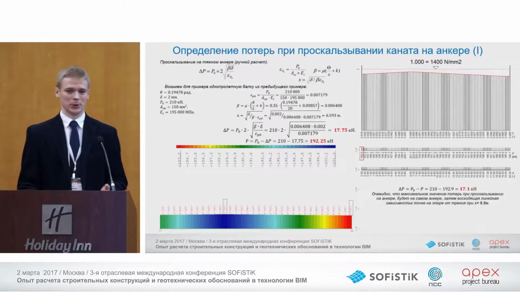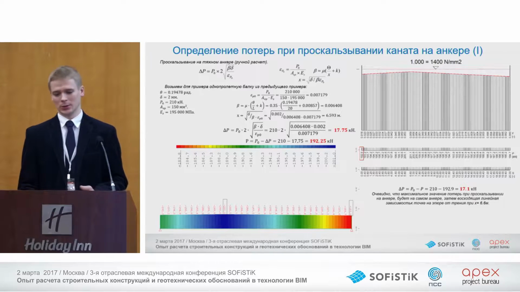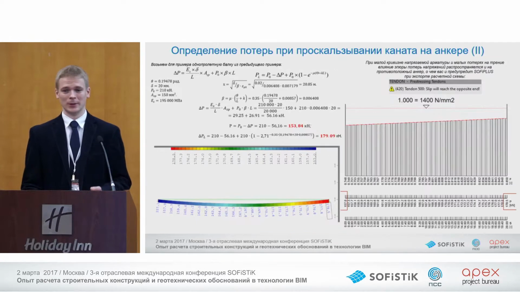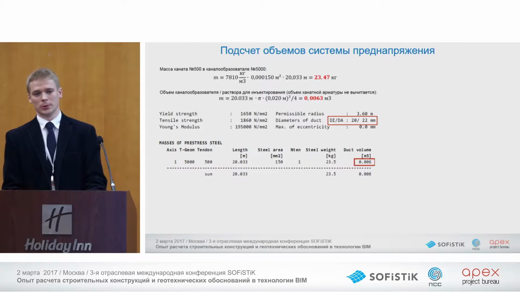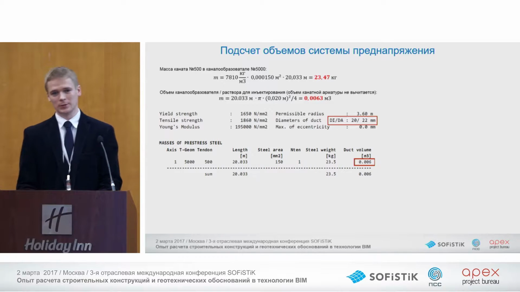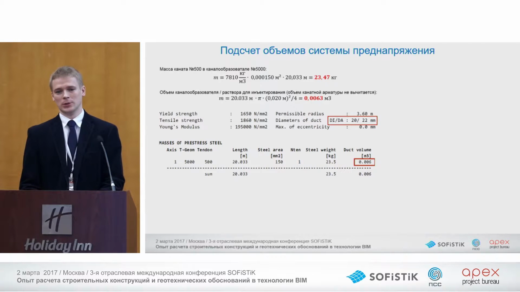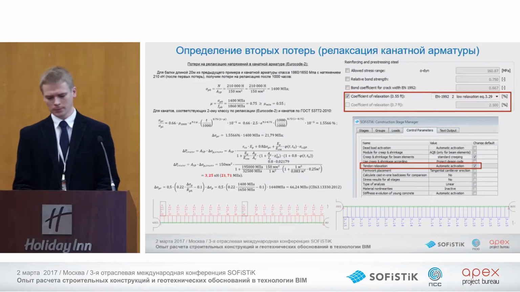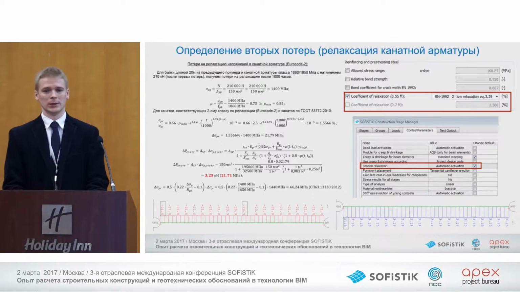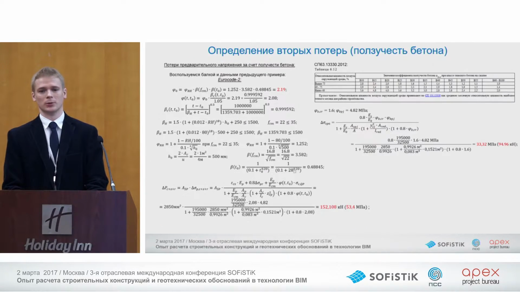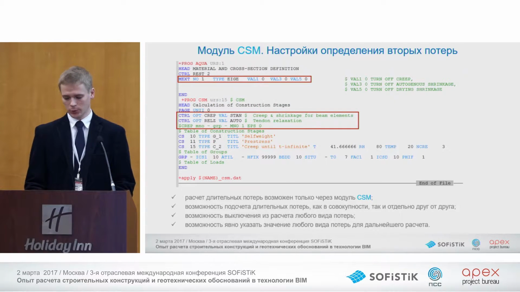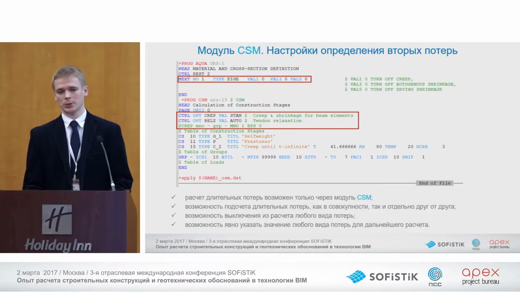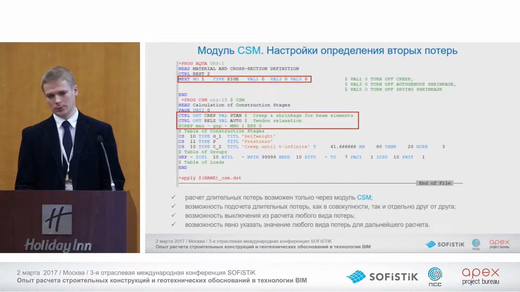You can use various options for calculating different parameters. Here we can define the elongation of the wire ropes and volume. We just use the geometrical area. And here, relaxation of reinforcement and shrinkage and creep, everything can be taken into account.